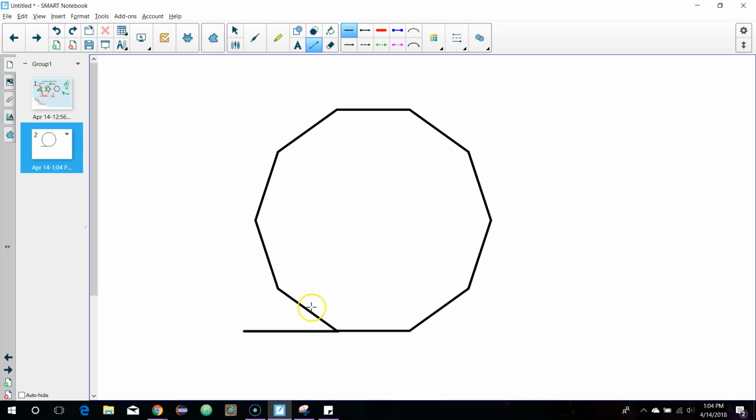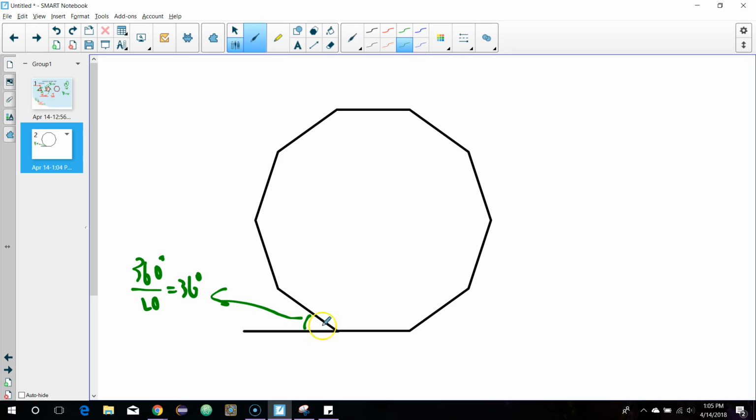So each of these exterior angles is going to be 360 divided by 10, 36. Okay, this is 36. So the other side has to be 164, right? No. Oh, 1 second.